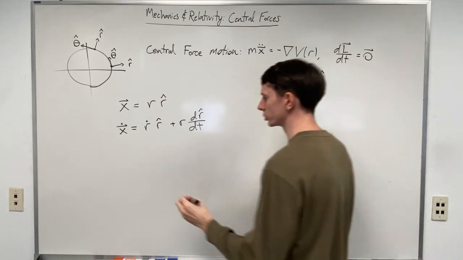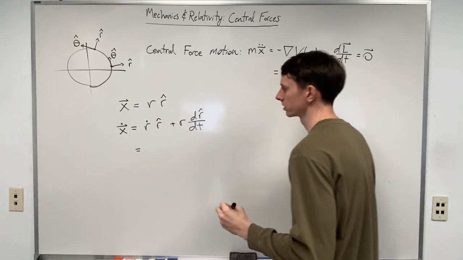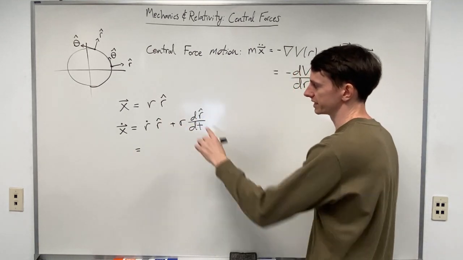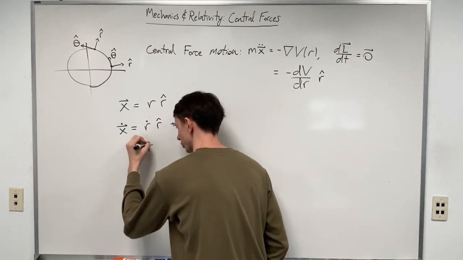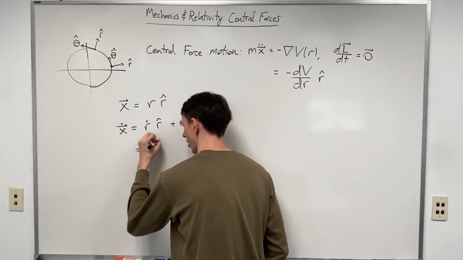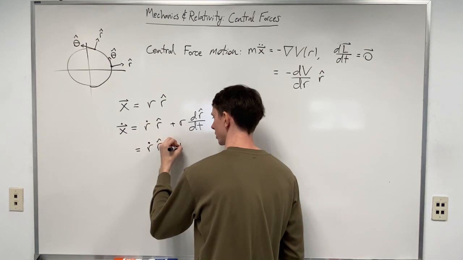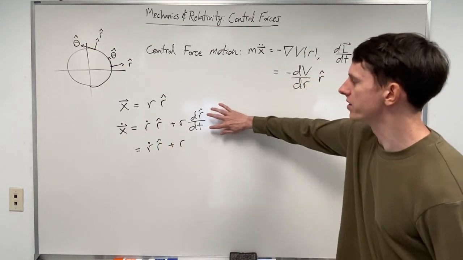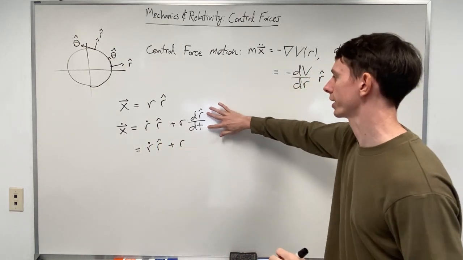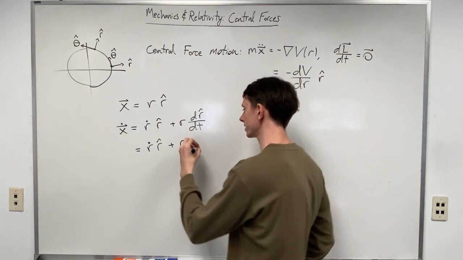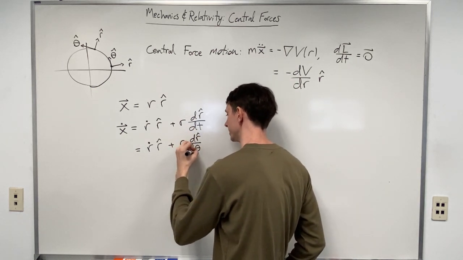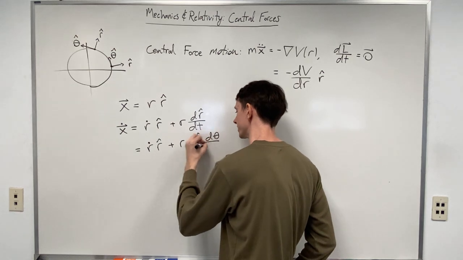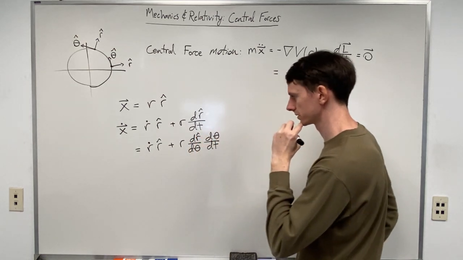Now, what we can do is re-express this, so it's not dr hat dt. Let's first write out the same first term. We have r dot times r hat plus r times, and then I'm going to rewrite this using the chain rule. So not dr hat dt, but rather dr hat d theta times d theta dt, like this.